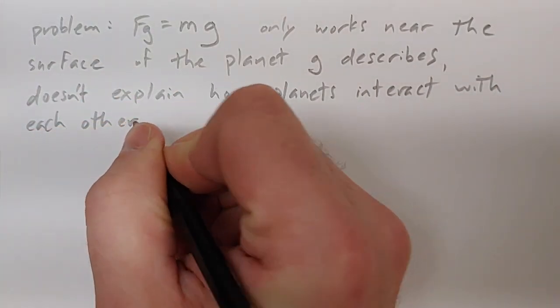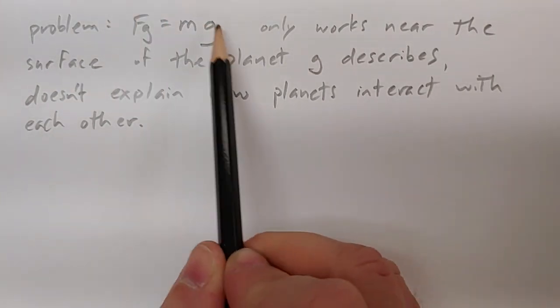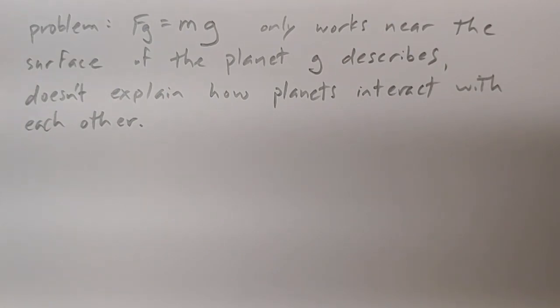And that's actually one of the main ways that Newton would have known that there was a problem with the equation, just based on observations that astronomers had made about the way that planets and stars and other celestial bodies interacted with each other. It didn't make sense. Their motion couldn't be explained by this equation that implied that the force of gravity for an object being attracted to a particular planet was a constant.